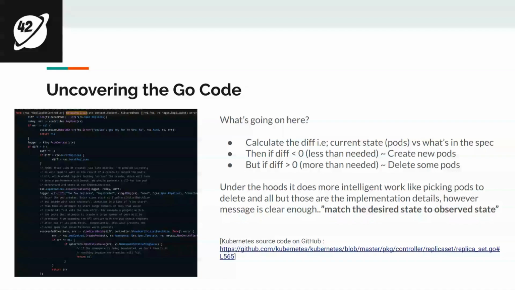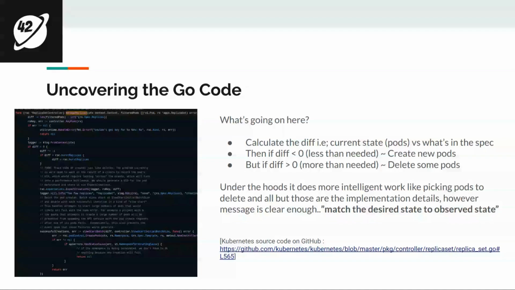And here, what this code is trying to do. By the way, this is the source code for the replica set controller, which we just discussed on the previous slide, right? This is the real code hosted on GitHub. You can go and check it out after the talk. What this code is trying to do is something pretty intuitive, pretty simple.